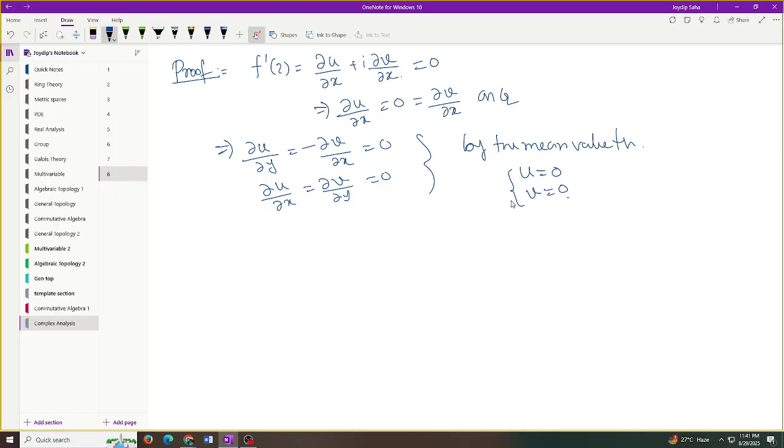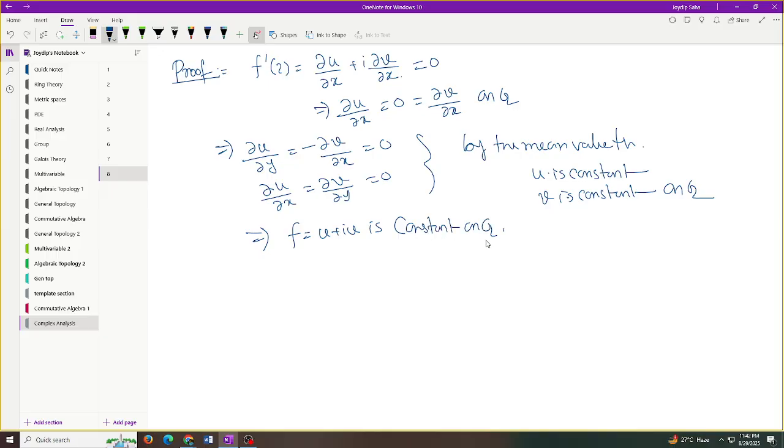Derivative of u is 0, so partial derivatives are 0, so you can say that u is constant and v is constant. So this implies f equals to u plus iv.